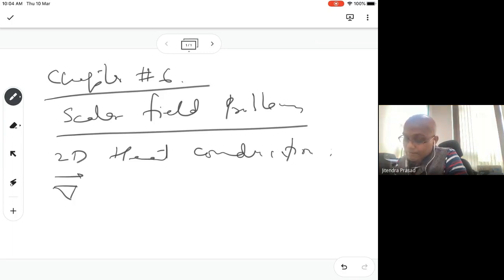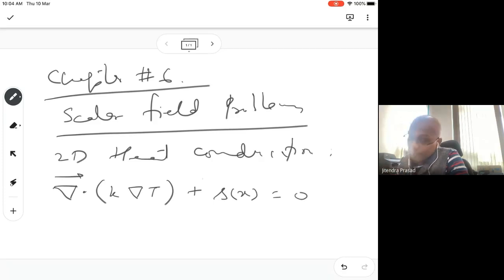This is the divergence of k times gradient of T plus S is equal to 0. So this is the equation that we derived, and now we want to solve it.